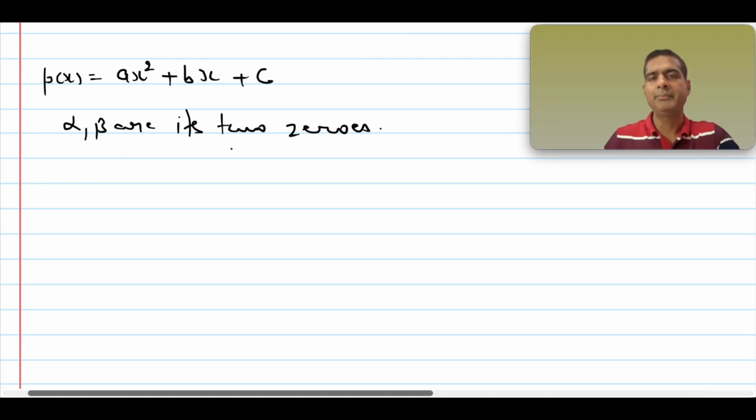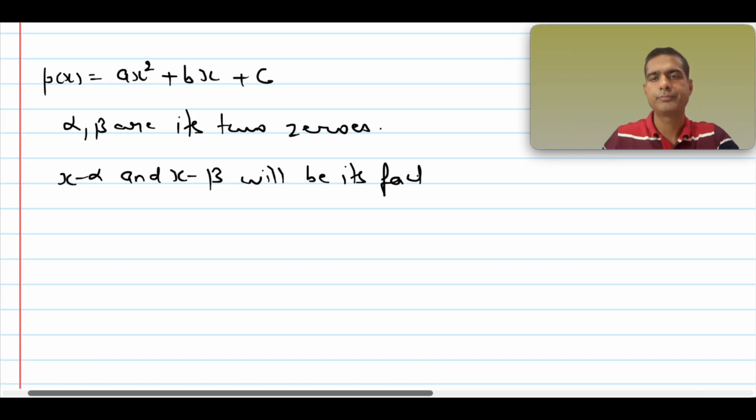So if alpha and beta are its two zeros, then we know x minus alpha and x minus beta will be its factors by the factor theorem which we learnt in class 9th.